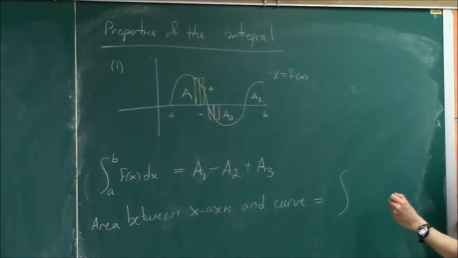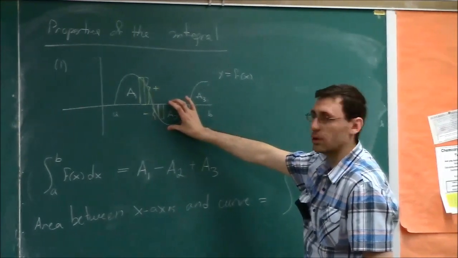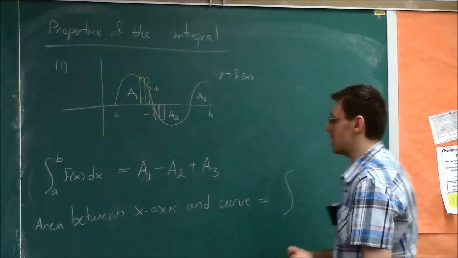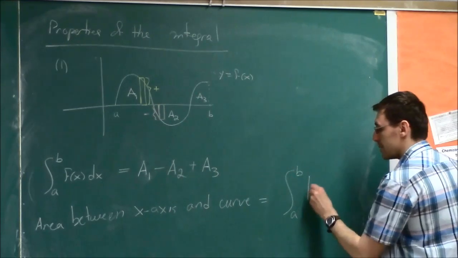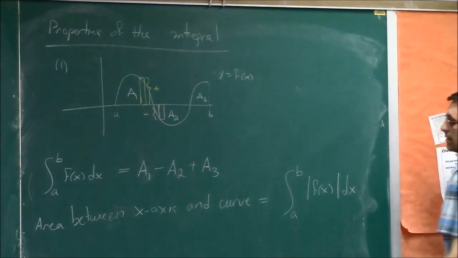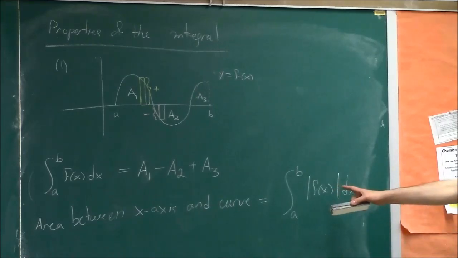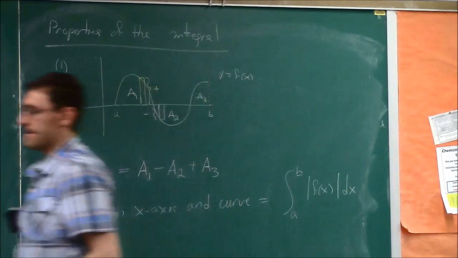All I do is take the absolute value. Taking absolute value converts whichever regions below the graph to be above the graph, but does not change their shape. So that should be just the integral from A to B of the absolute value of f of x dx. That's how you would measure the area. That would be A1 plus A2 plus A3. Okay.